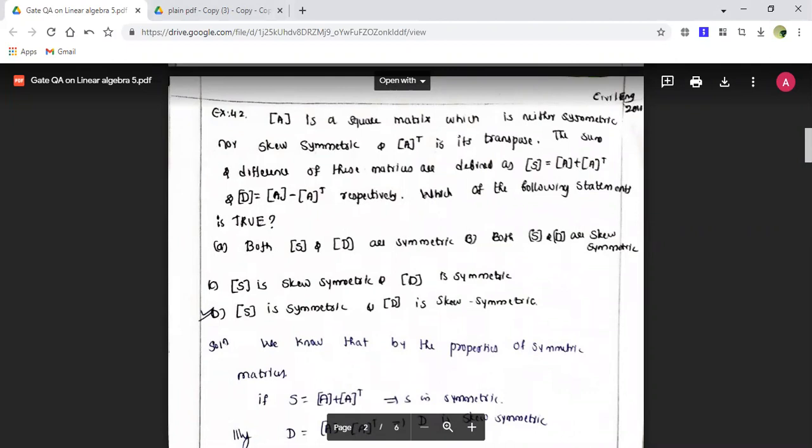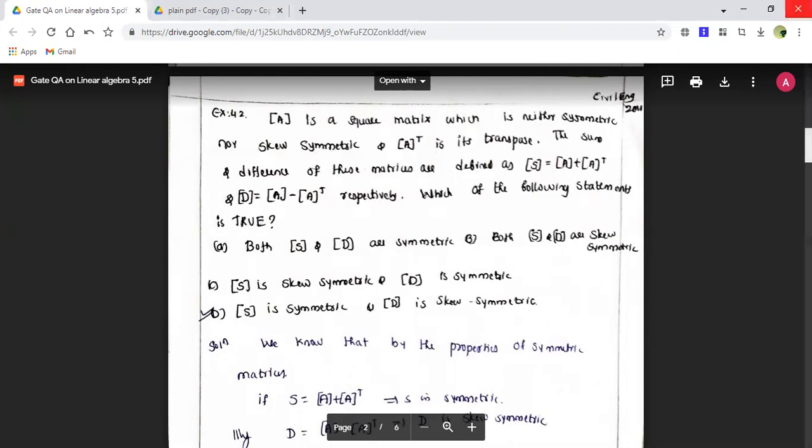The sum and difference of these matrices are defined as S is equal to A plus A transpose, and the matrix D is A minus A transpose, respectively. Which of the following statements are true? That is the question.